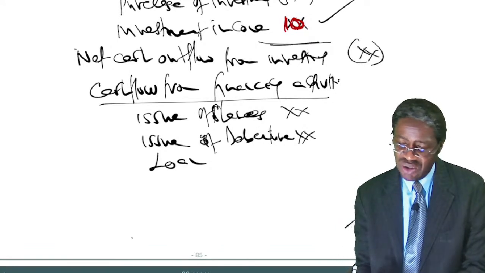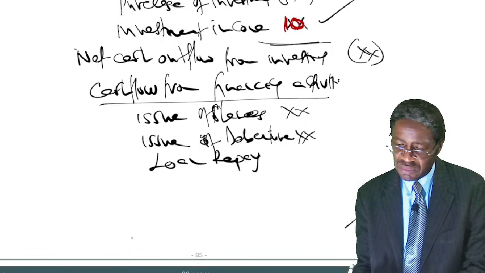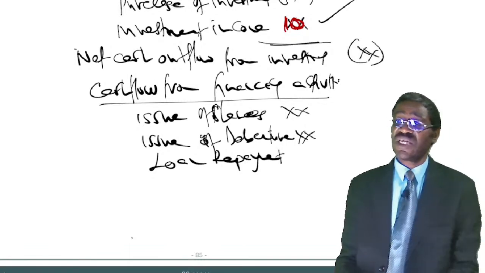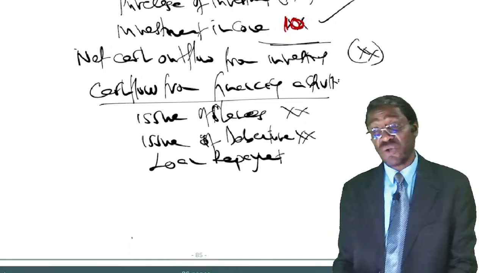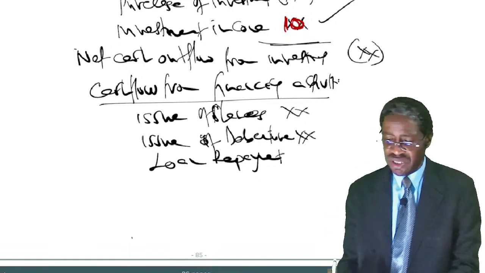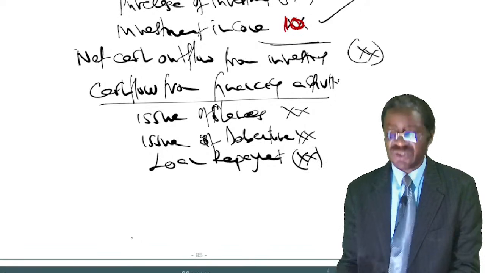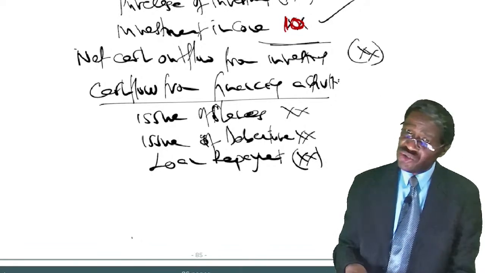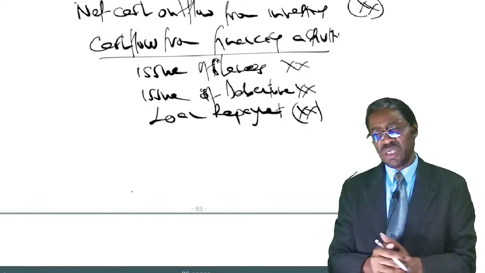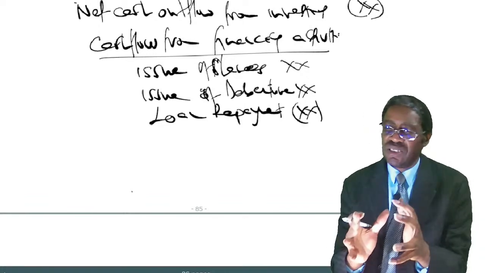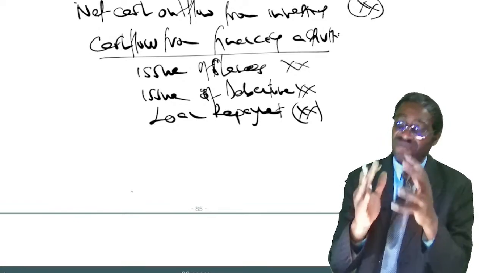So maybe there is a loan repayment. Last year, the loan was 10 million. This year, the loan is 6 million. For the loan to go down, you must have repaid. That's an outflow.